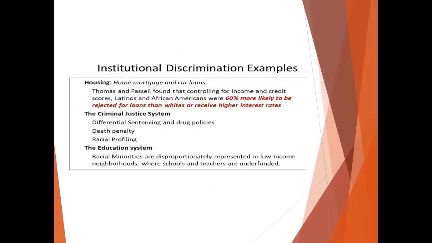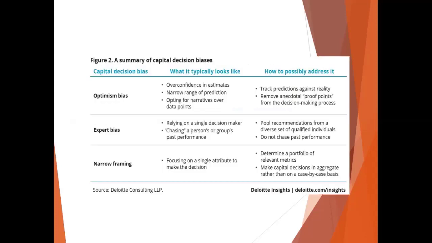Here are another couple of examples of institutional discrimination and how it's impacted the community in general. And like I say, this is not completely race-based. This is based on a variety of things: cultural systems, education systems, justice systems. And then there are different types of biases: optimism, expert biases, and narrow framing, focusing on a single attribute to make a decision.